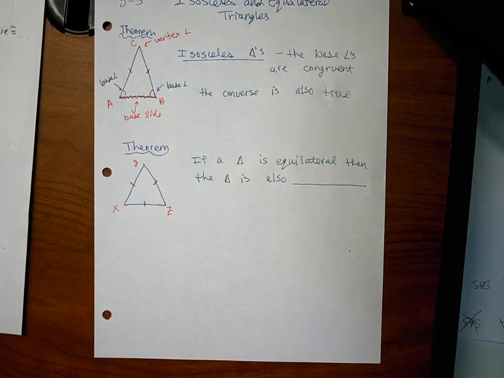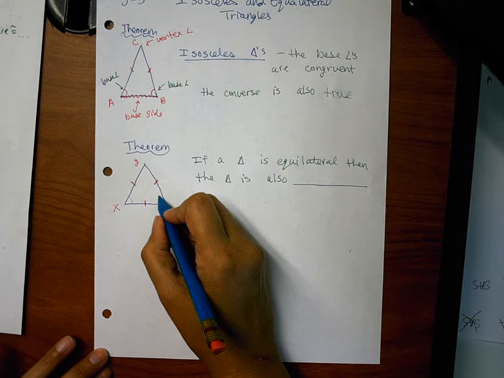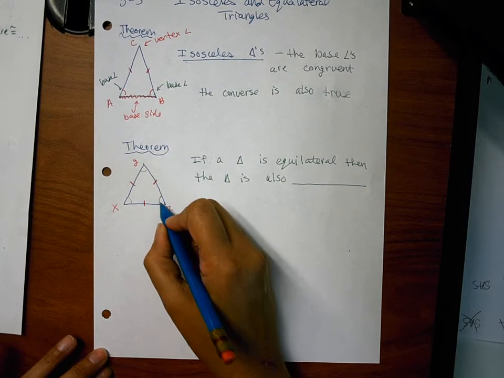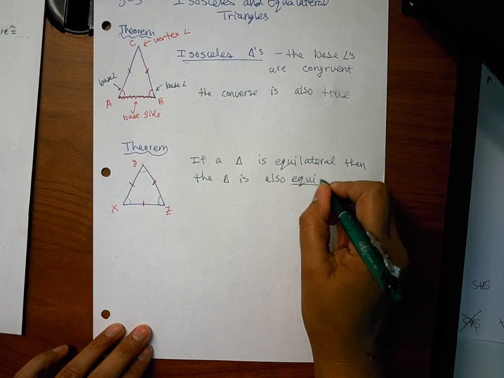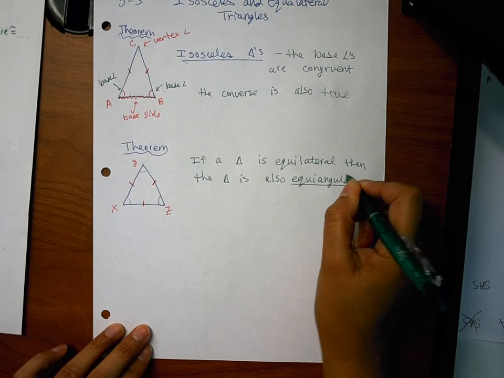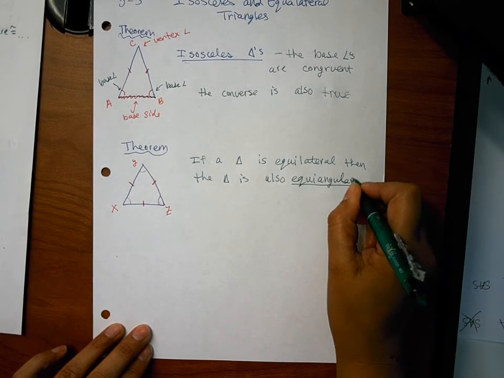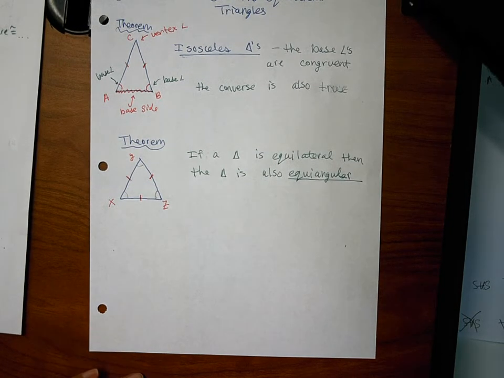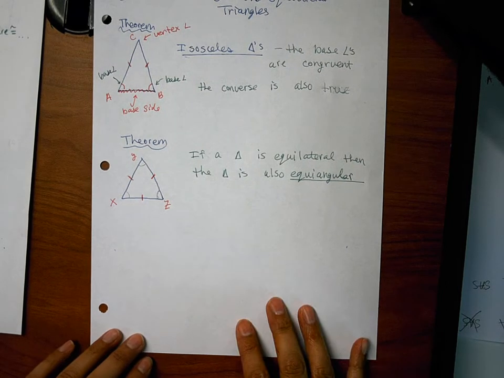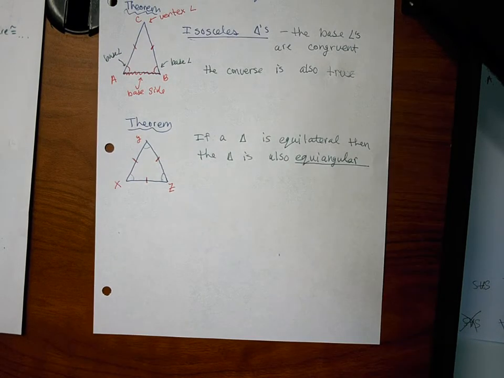So, if we have a triangle and all three sides are congruent, we can then assume that all three angles are congruent. We're not just going to assume, it's fact. All these angles would be congruent as well. And we call that equiangular.